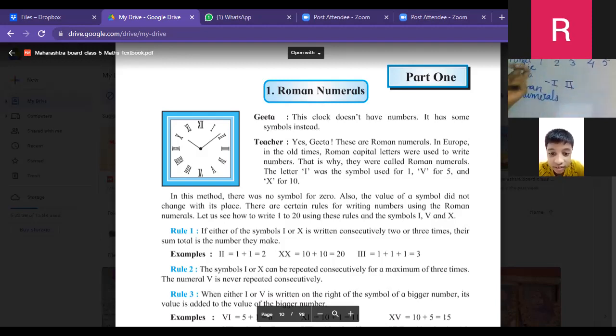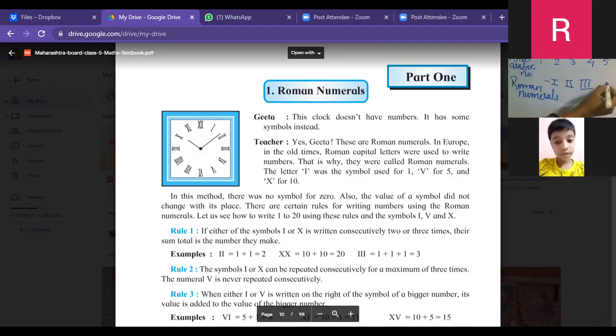Then 3, III. 4. You said 4 this way, but how that 4 comes, I will tell you those rules, okay?